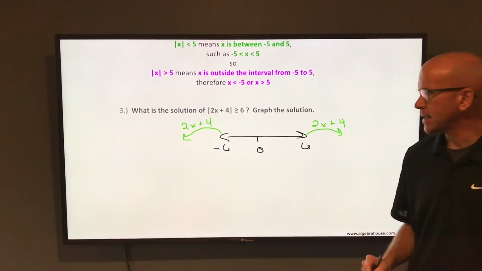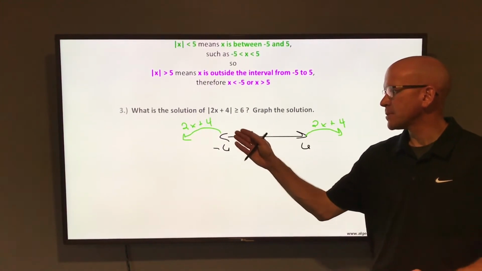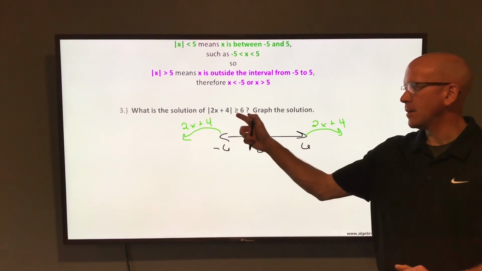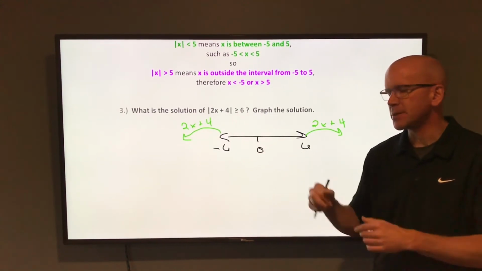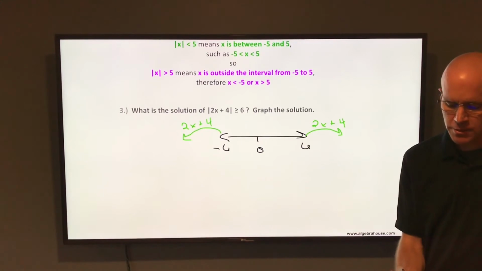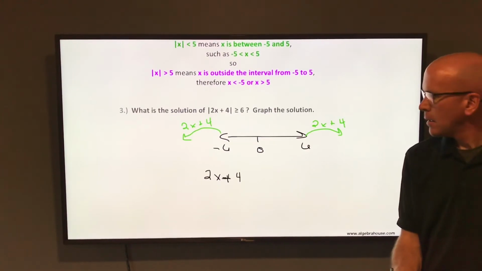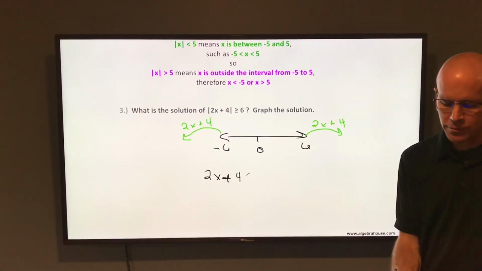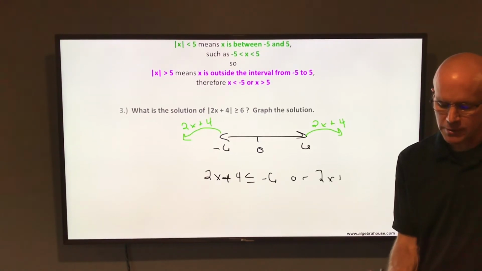Now since 2x plus 4 could be to the left of negative 6 and also equal to, since you have the equal to sign with that, you could say that 2x plus 4 is less than or equal to negative 6, or 2x plus 4 is greater than or equal to positive 6.